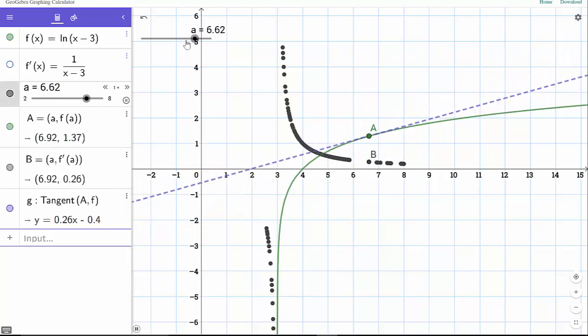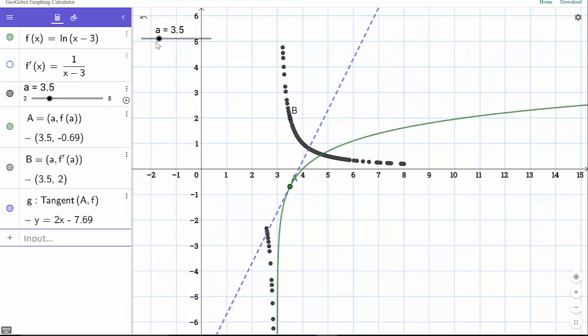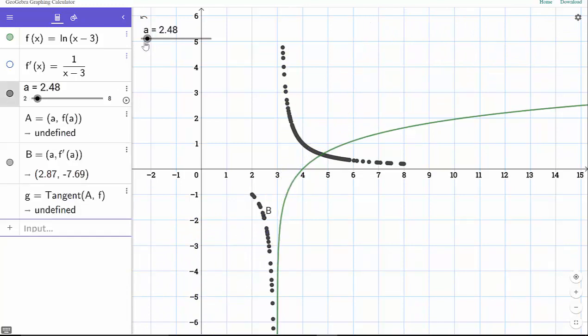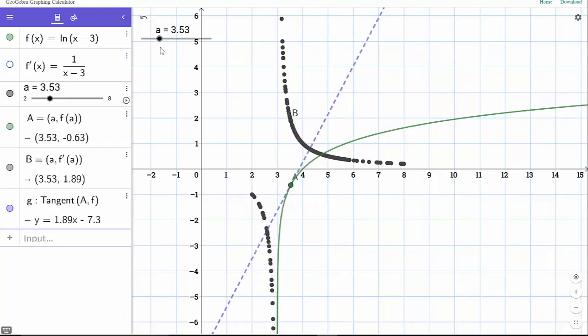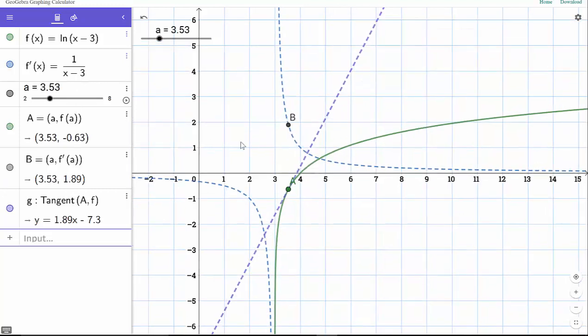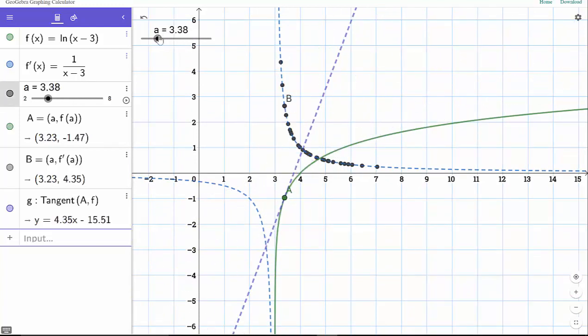Now, if I go back on your calculator, it's going to want to say, oh, well, the derivative is 1 over x minus 3, so it exists over here. But we need to keep in mind where the function exists and where the derivative does not. So if I just graph the derivative, it would look like this blue line right here. However, the derivative only exists on this side of 3.